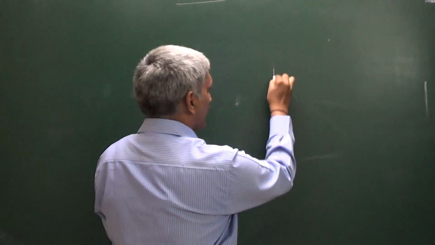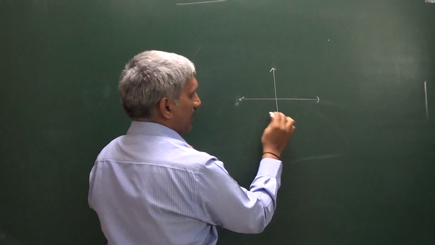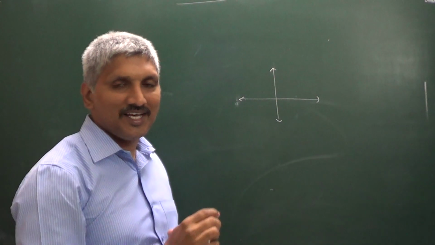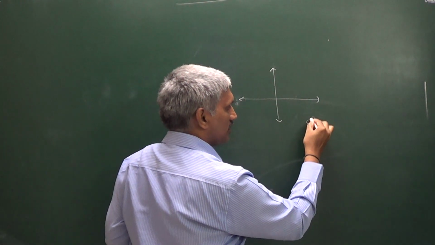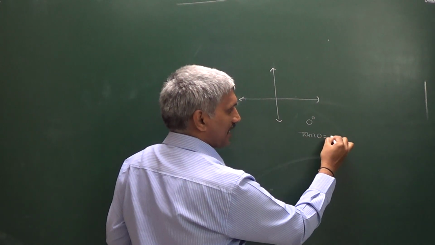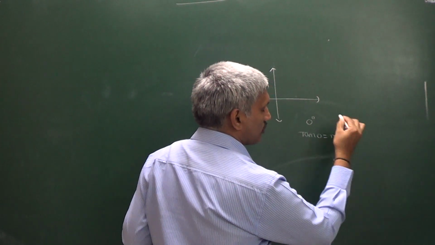At the same time, can anyone say what is the slope of the x-axis? The x-axis makes 0 degrees with the x-axis. That's why the inclination of the x-axis is 0 degrees, and tan 0 is the slope of the x-axis. That's why the slope of the x-axis is equal to 0.